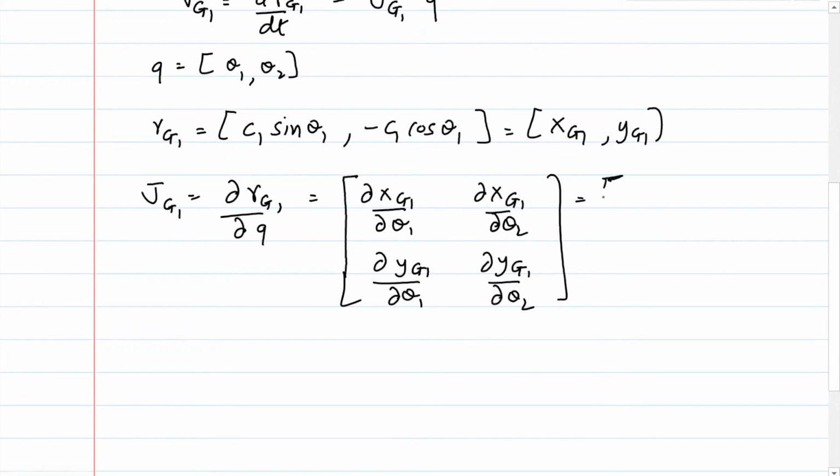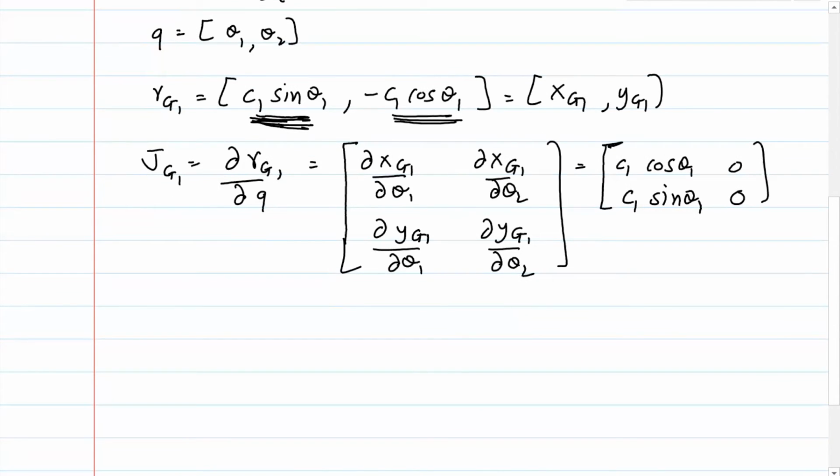Okay, so that boils down to the derivative of this with respect to theta 1 is going to be C1 cosine theta 1. The derivative of xG1, which is again this thing, with respect to theta 2 is going to be 0 because there's no theta 2 appearing there. Then we need to do the derivative of y with respect to theta 1. So the derivative of negative cosine theta 1 is sine theta 1, so it will be C1 sine theta 1, and then the second part will be 0. So that's how we get JG1.